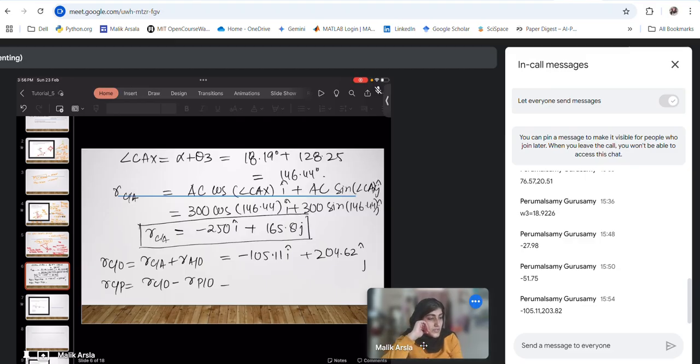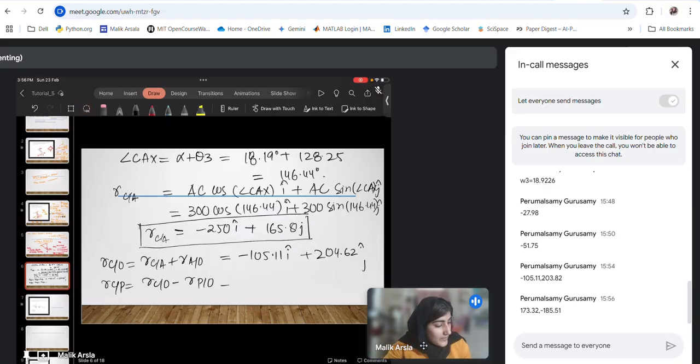Have you calculated it? So when you do it, it will come out to be minus 173.5 I cap and 186.3 J cap, okay.